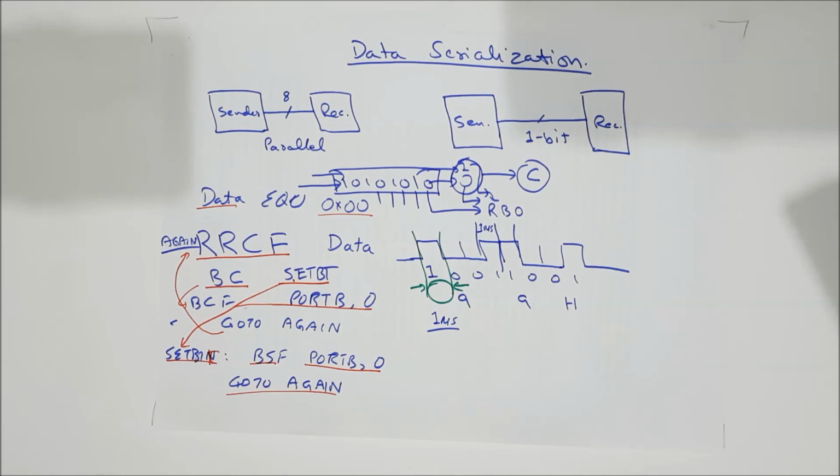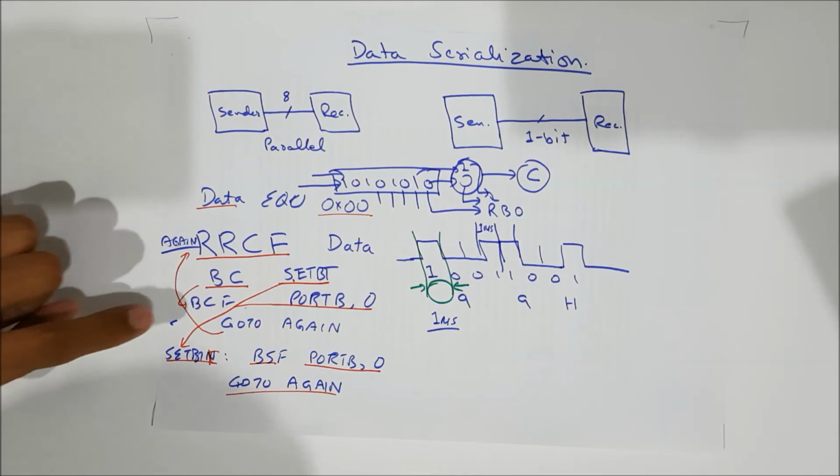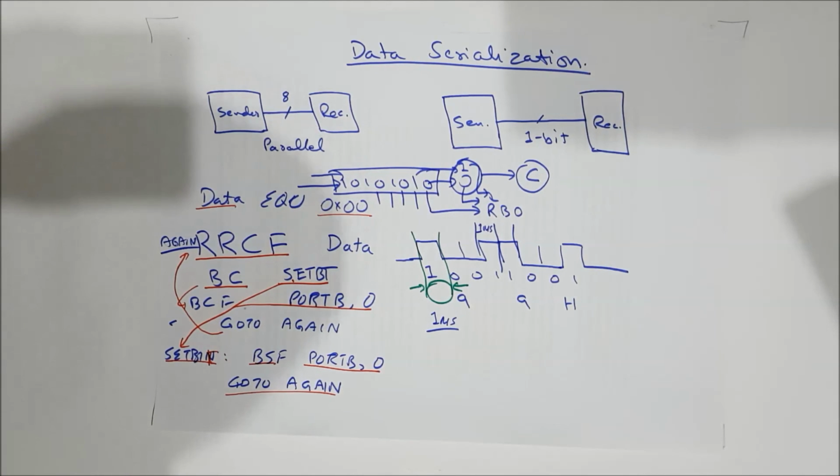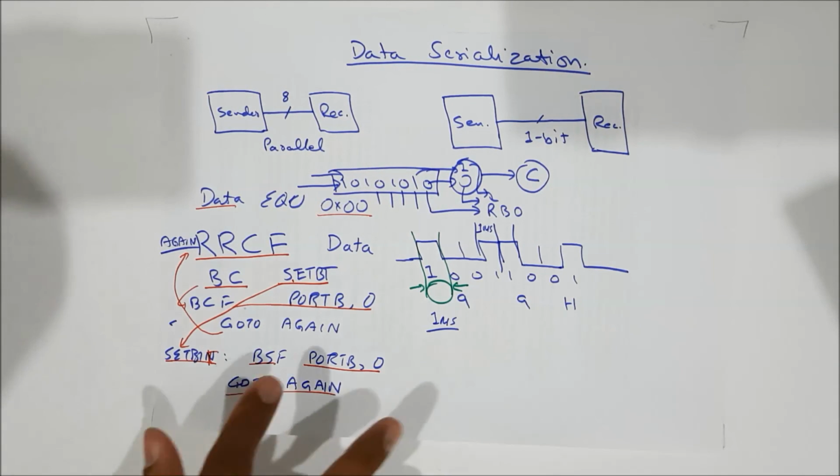It is page number 195 of the PDF file and page number 179 of the actual book. Chapter 5, section 5.4, rotate instruction and data serialization. From there you can see the program for sending and the program for receiving, and I will give you an assignment based on these two.